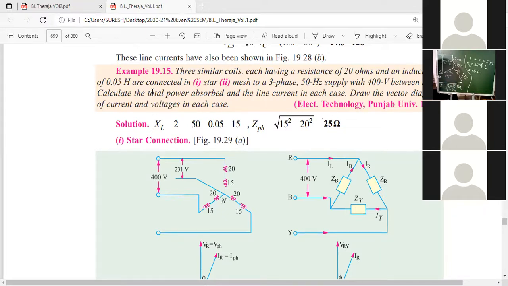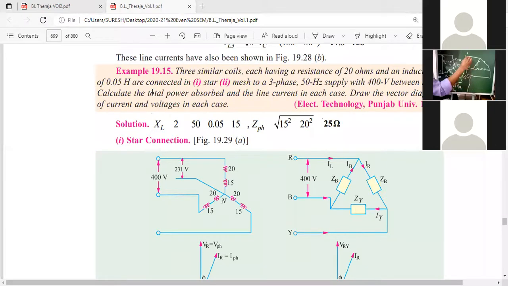Now I know R and XL value. Similarly, I am drawing the delta connection also here. In delta connection also, this is the first phase, second phase, third phase. We are having three phases, 1, 2, 3.